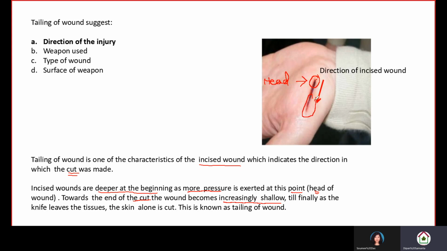This portion, you cannot even clearly demarcate. There is no clear demarcation where the wound is ending. It starts ending from this portion to this portion, in a very shallow depth. Finally, as the knife leaves the tissue, only the skin is cut.